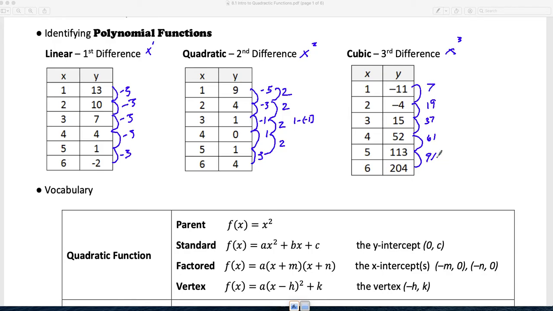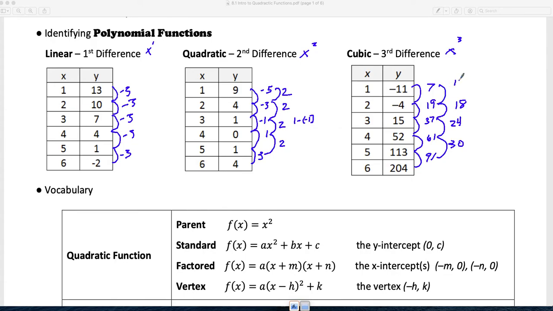Okay, so here's the second difference. 91 minus 61 is 30. 61 minus 37 is 24. 37 minus 19 is 18. And 19 minus 7 is 12.